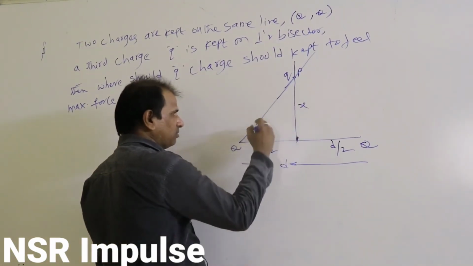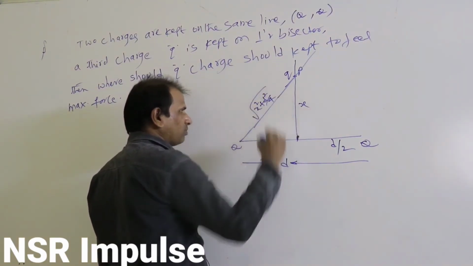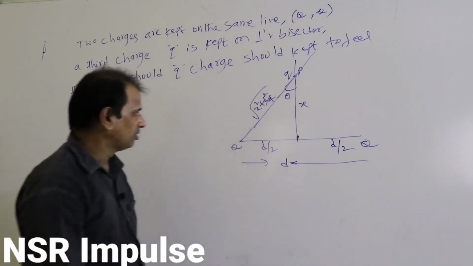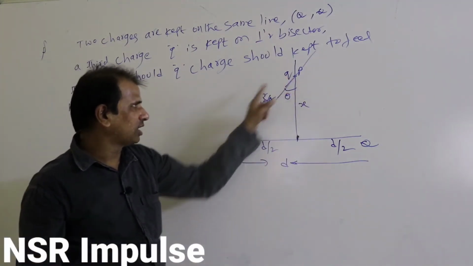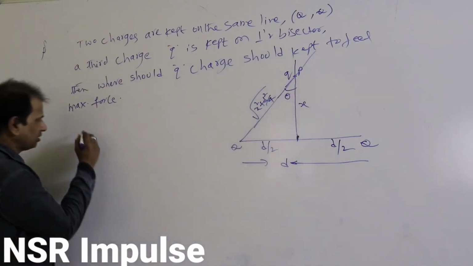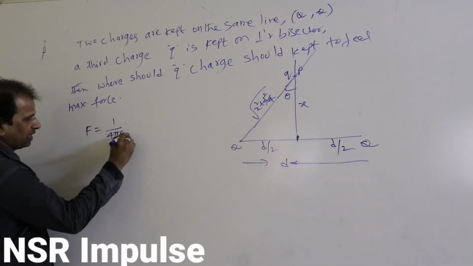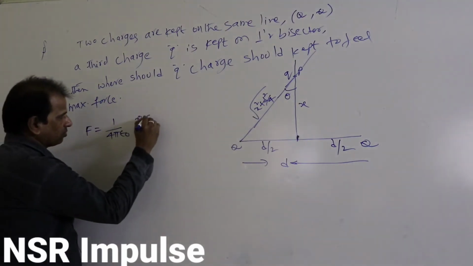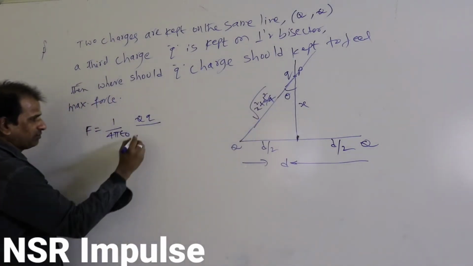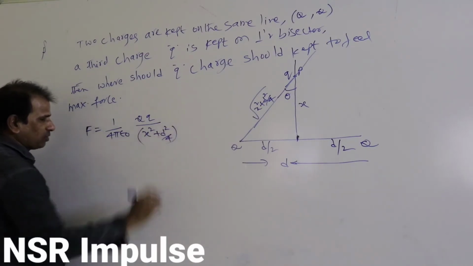This distance becomes under root of x square plus d square by 4. And let us take this angle as theta. Force between these two charges is F equal to 1 by 4 pi epsilon naught Qq by square of the distance. Square of the distance means x square plus d square by 4.